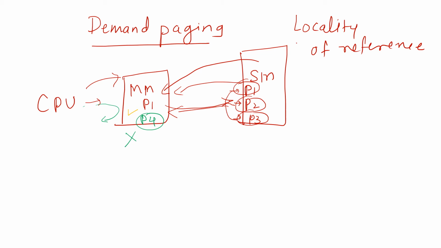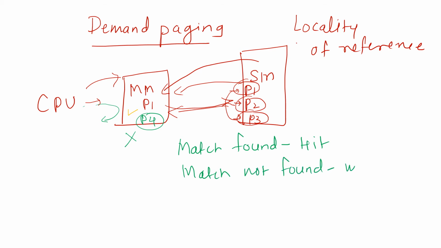This is called a page fault. Whenever a match is found, it is a hit, and when a match is not found, it is called a miss or a page fault. So whenever there is no match in the main memory, what will happen? That we'll see.